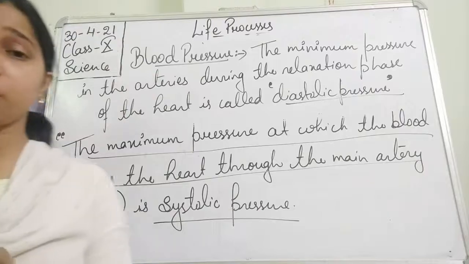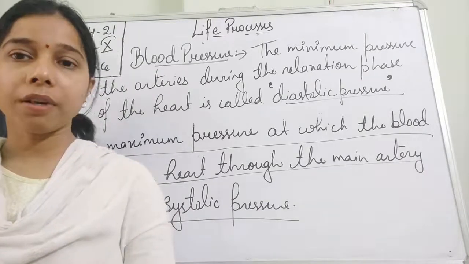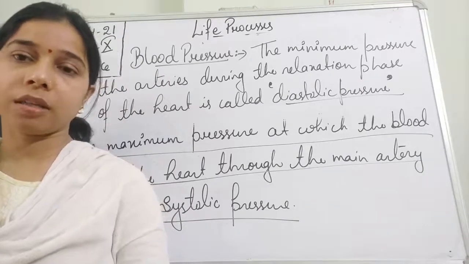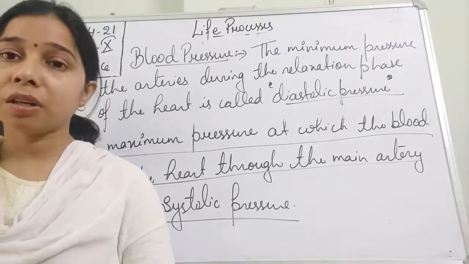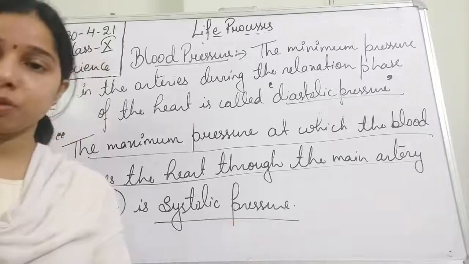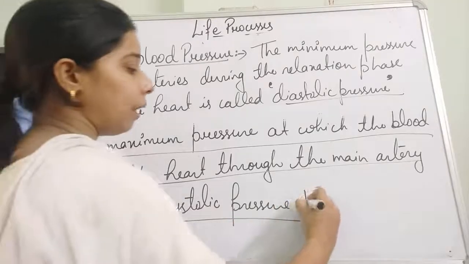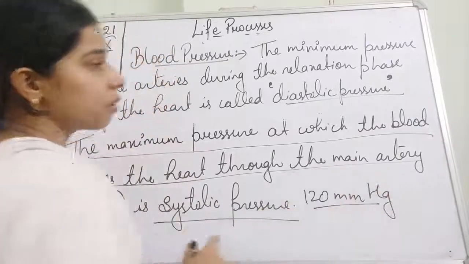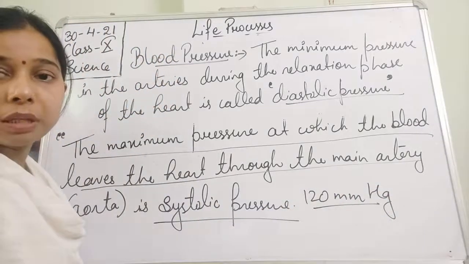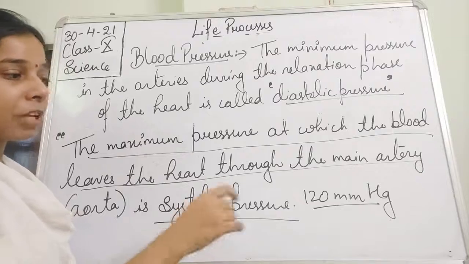Now the question arises: what will be a normal diastolic and systolic pressure of a human being? Systolic pressure should be 120 mmHg, because we are using an instrument called a sphygmomanometer, which consists of mercury.